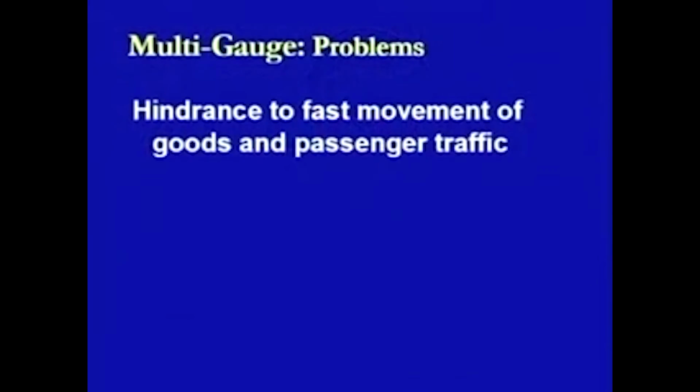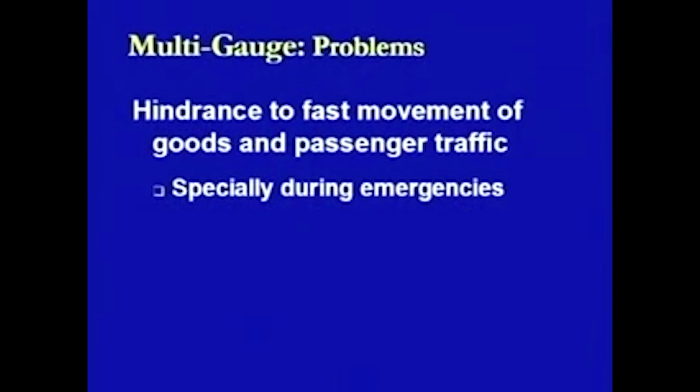Then there is a factor that is a hindrance to fast movement of goods and passenger traffic. You cannot move the things at a faster speed because it needs to be transferred at an intermediate point. When you are transferring the things at an intermediate point, then it means there will be some time lag associated with that transfer, and therefore that's a hindrance.